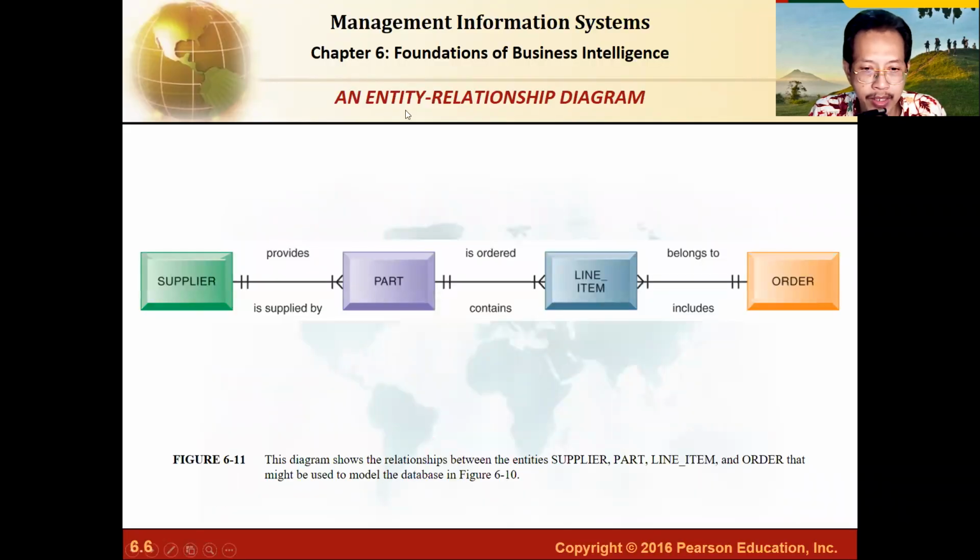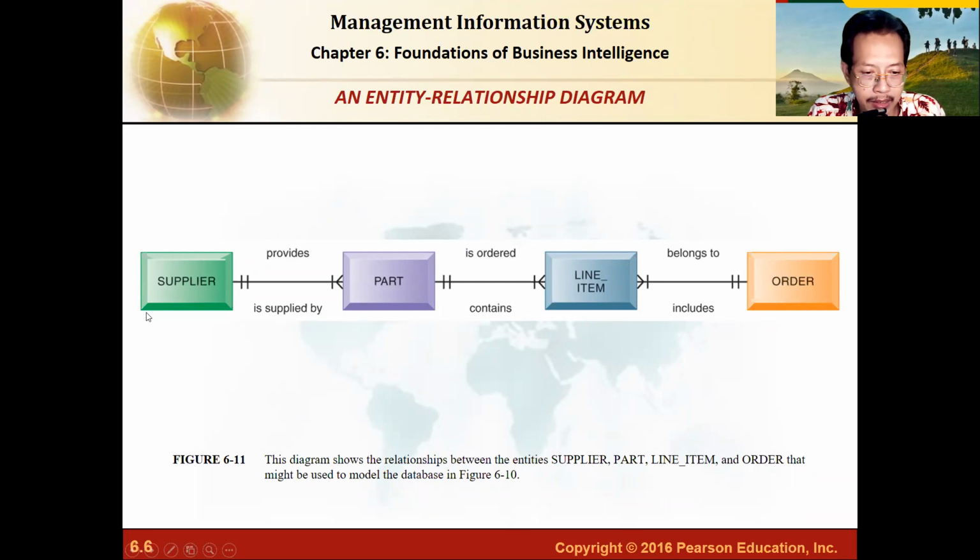For example, here is an entity relationship diagram which has 4 entities. Now, these entities, you would get the information on what are the entities, of course, from the business owner, maybe the users, and you can get more detailed information on what are the entities needed for a certain process.